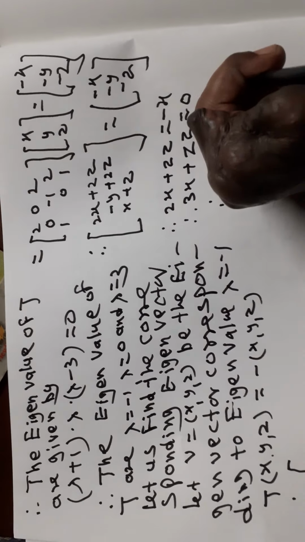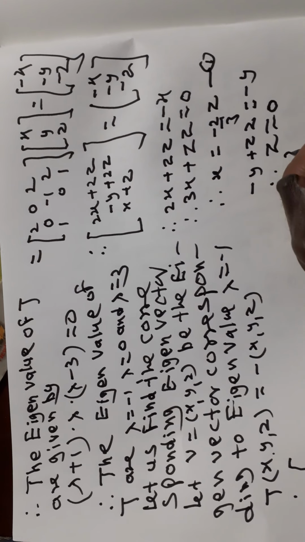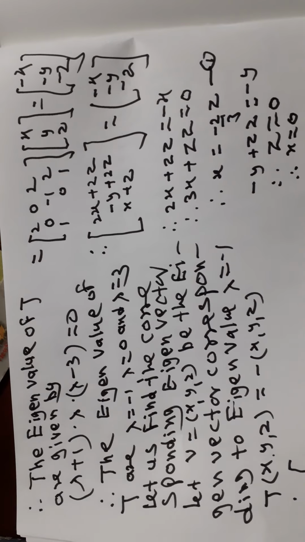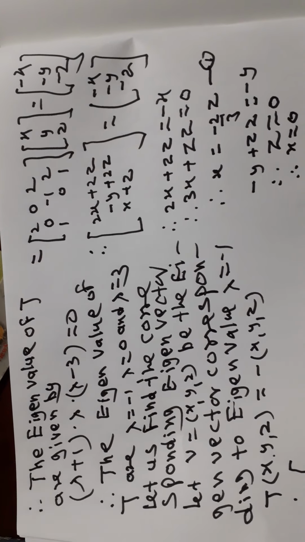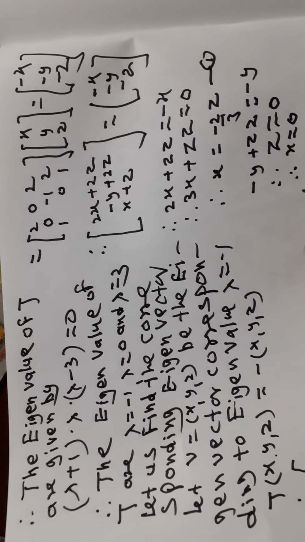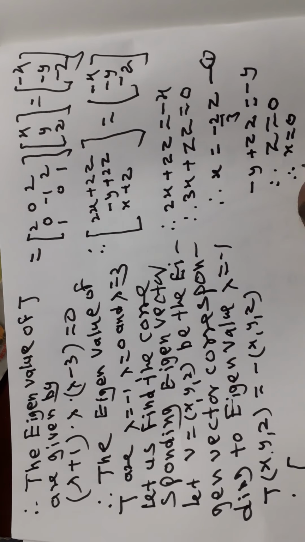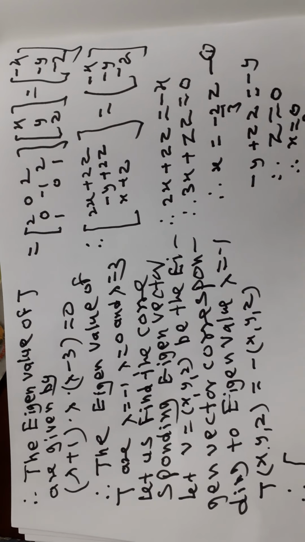Therefore, by equation number 1, x is equal to 0. And here, z is equal to 0, x is equal to 0, and y belongs to R.